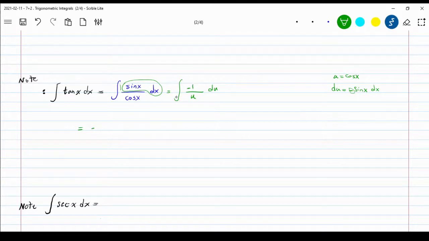That is simply negative. The integral of 1 over u is ln absolute value of u plus some constant. So this integral is minus ln absolute value of cosine x plus some constant. So if they ask you what is the integral of tangent x, you don't need to go back every time to calculate this.